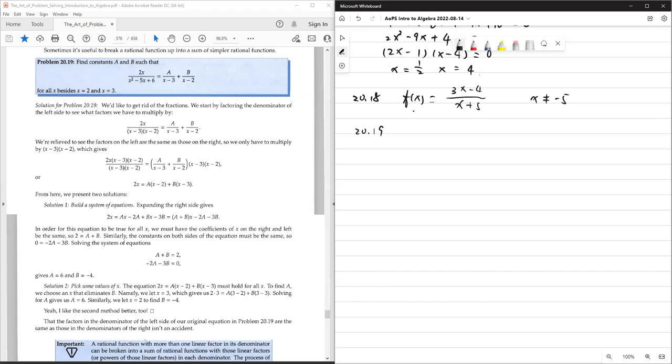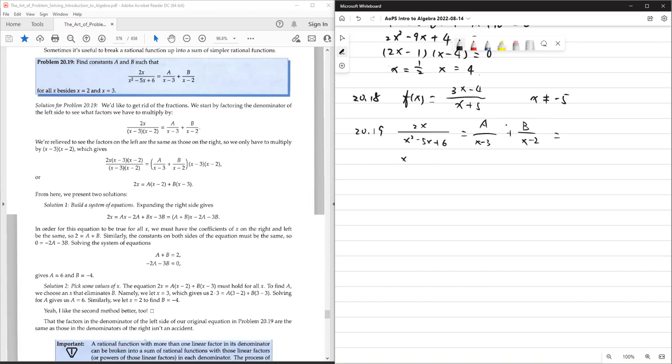So 20.19, find the constants a and b such that 2x over (x squared minus 5x plus 6) equals a over (x minus 3) plus b over (x minus 2), for all x except x cannot be 2 or 3. So what we have over here is we find the common denominator.